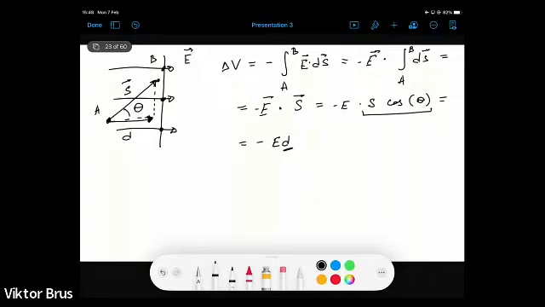So that surface is called equipotential surface, which defines for us the position of equal potentials for a given electric field.